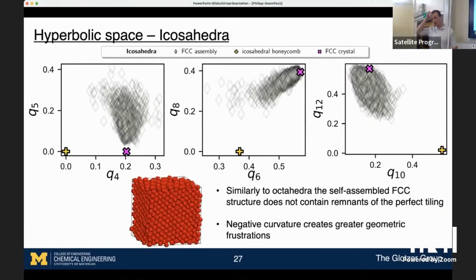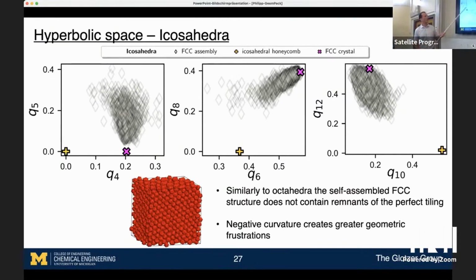But the interesting thing, if you look at icosahedra, is that you can already see hints of what you also see in the octahedral system. If you compare the ideal icosahedral honeycomb, the FCC crystal, which it usually forms, and the typical local environments of the FCC self-assembly, you can see that it looks rather similar to what we saw in the octahedra.